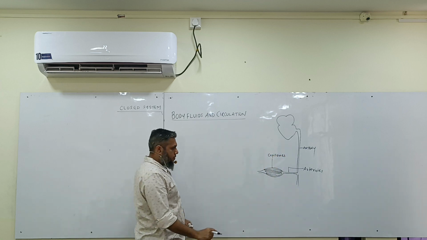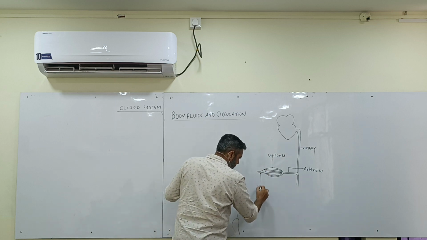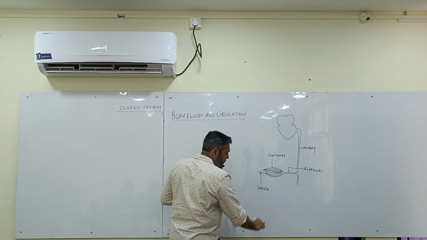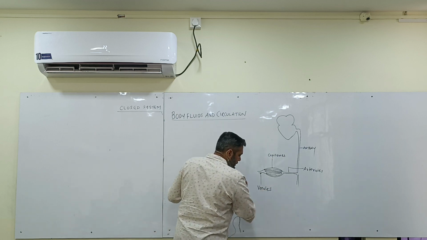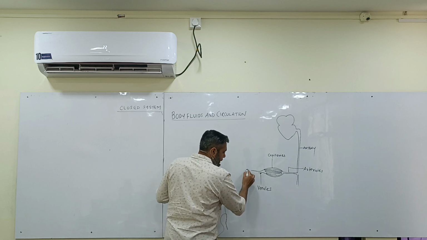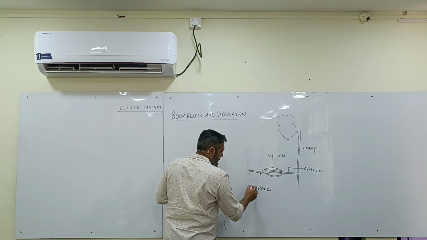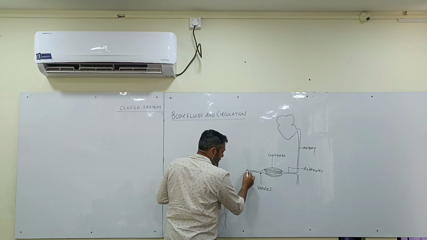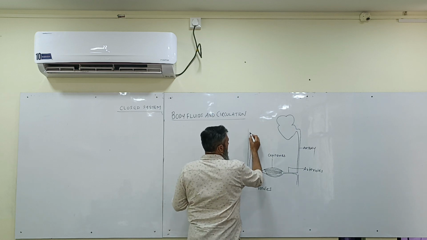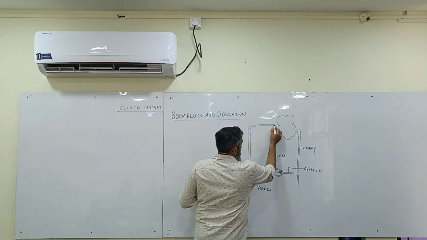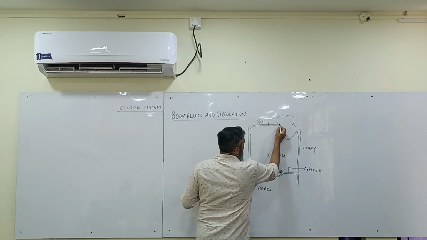And now the capillaries will unite and will result in the formation of venules. Capillaries will unite to form venules, and these venules will then unite and they will result in the formation of a vein that will carry the blood back to the heart.